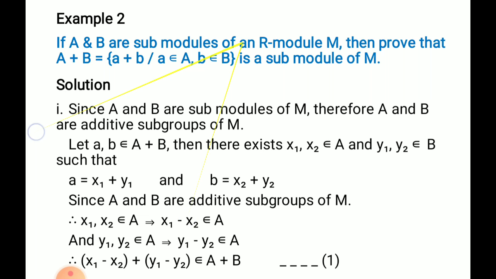Just like the intersection of two subgroups is again a subgroup of group Z. Now in this case, instead of intersection, we shall see sum.